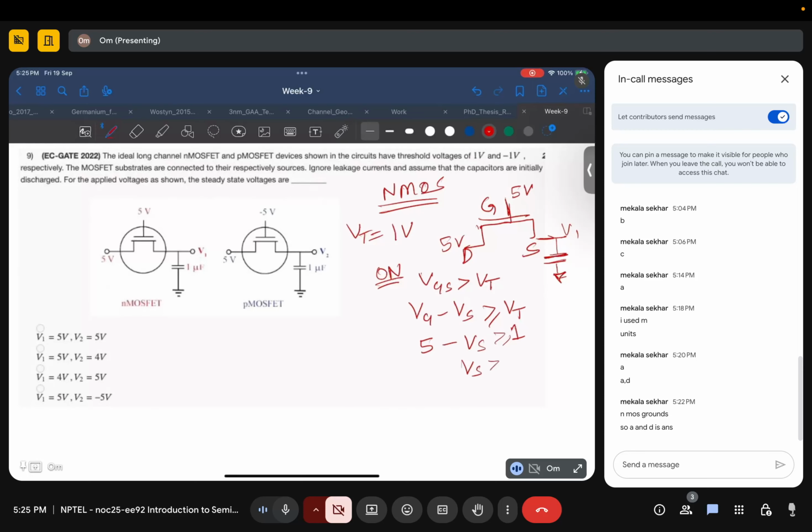So VS should be less than or equal to 4 volt. This VS is V1. So V1 must be 4 volt. With this only we can see the answer is option C.